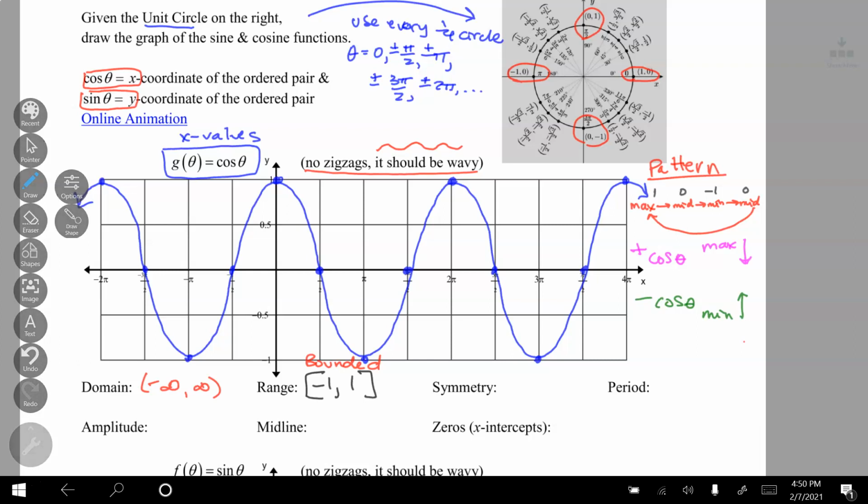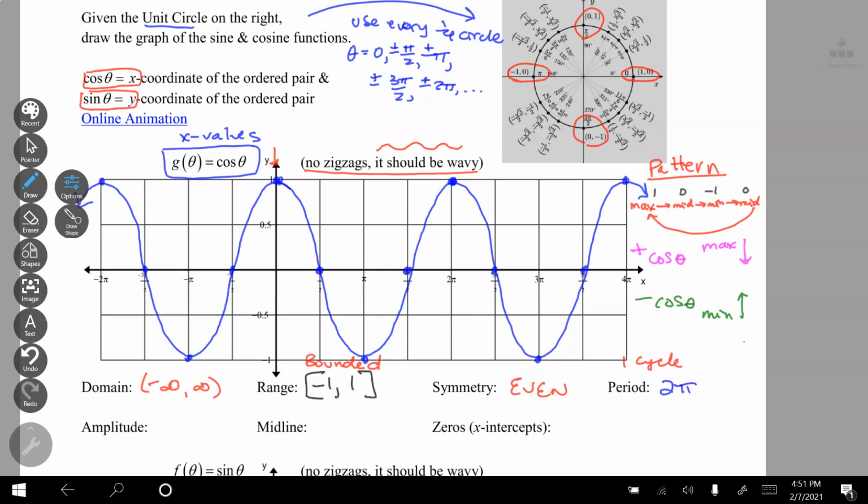The symmetry, if you look carefully, right here at the y-axis, it folds neatly over the y-axis, so it is even symmetry. The period is, how long does it take to complete one cycle? So if you want to look at a cycle going from this dot back to here again, its period from this max dot to the next max dot is one full circle, or what we call 2 pi.